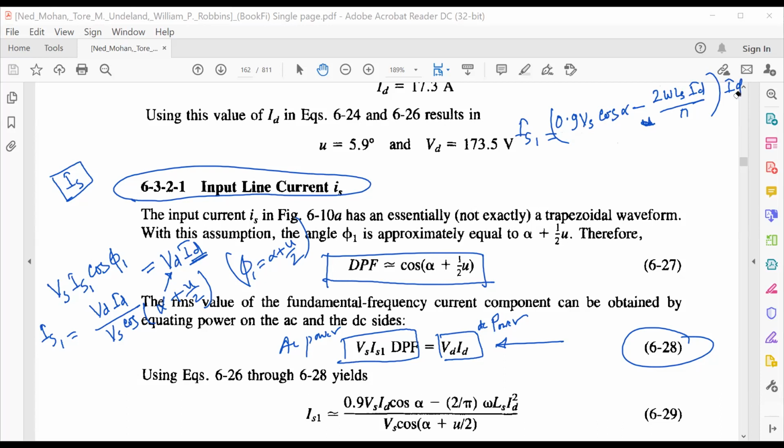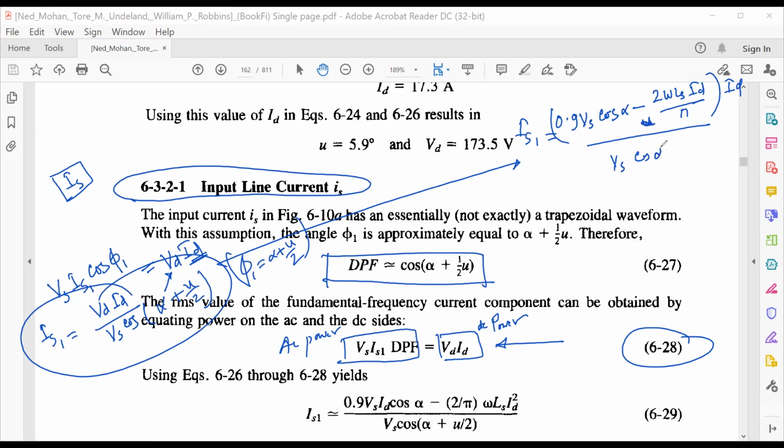VD we have written here. Then we have to multiply it by ID. And then that will be your VS cosine of alpha plus u by 2. If you multiply this ID with this one, then this equation will come. You understand it? Yes, sir.